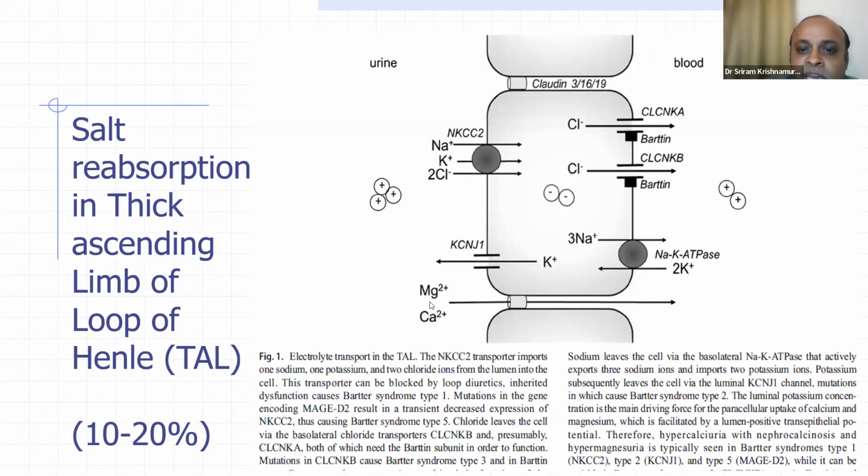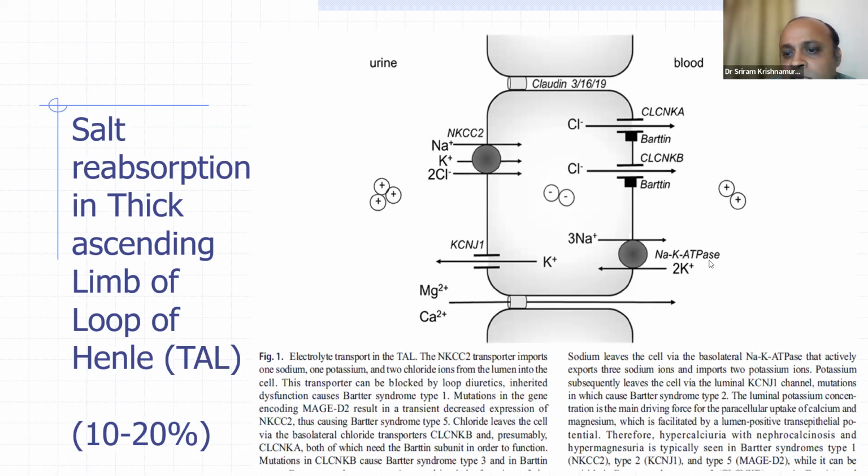Any inactivating mutation in the KCNJ1 channels, which encode the ROMK, will lead to Bartter syndrome type 2, which has a transient hyperkalemia, at least in the neonatal period. And when you have both CLCNKA and CLCNKB mutations, this will be known as 4B. If you have only CLCNKB mutations, it will be type 3. And if you have a Barttin mutation, then it will be type 4A.